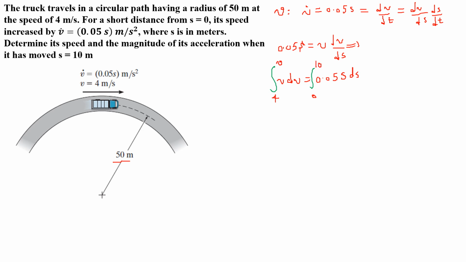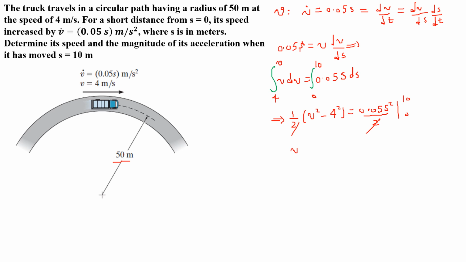Okay, so let us carry out this integration and find just v. So we'll have something like this: half v square minus 4 square equal to 0.05 s square over 2 from 0 to 10. Now substituting the limits and solving for v, of course we can cancel this 2 in the denominator for both sides.